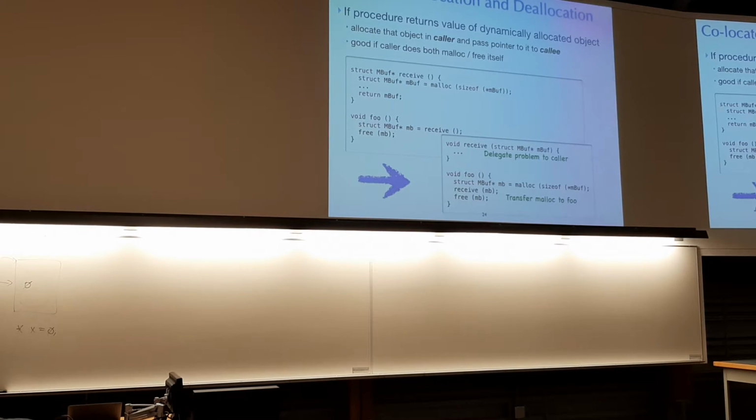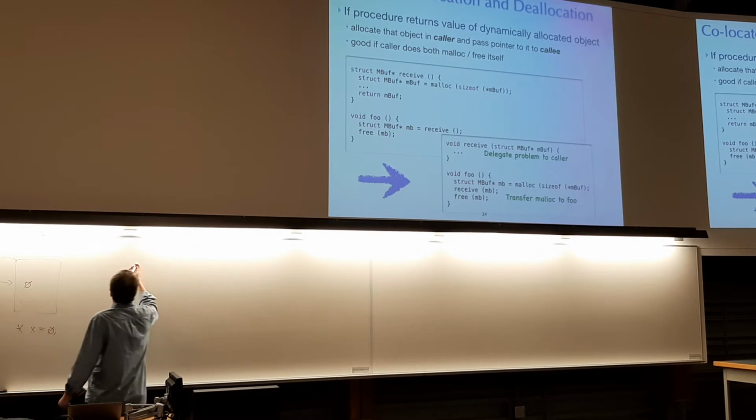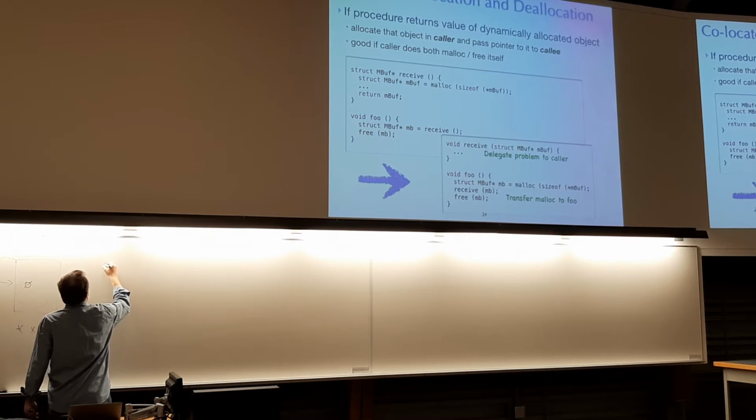Okay, so this is a common idiom for dynamic allocations, sort of like producer and consumer. You have one part of the code, in this case, receive is in that part.